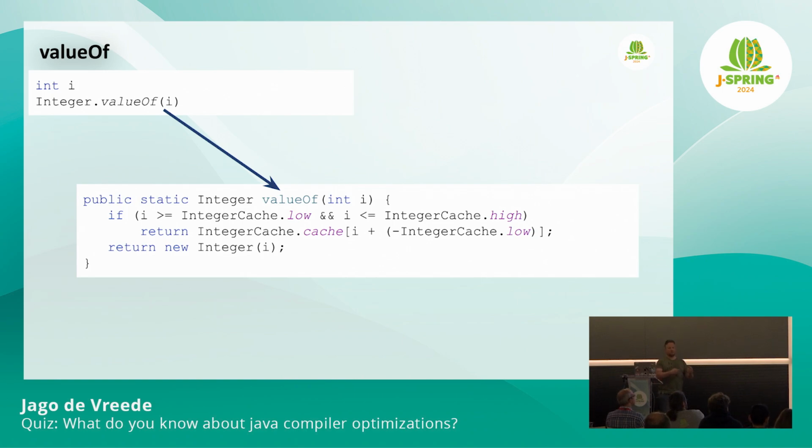So it needs to do some checking first, and then, if it's not in the cache, do a new Integer. It's also a method call that you need to do. So instead of all that plumbing, calling the method, checking the cache, you do new Integer directly, which it's probably going to do anyway. That's why new Integer is a little bit faster than valueOf.